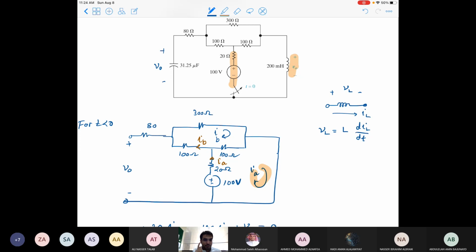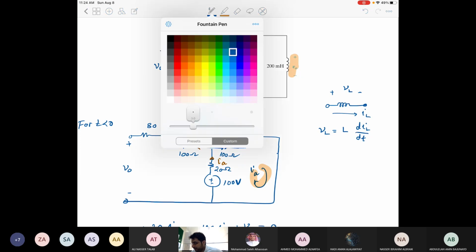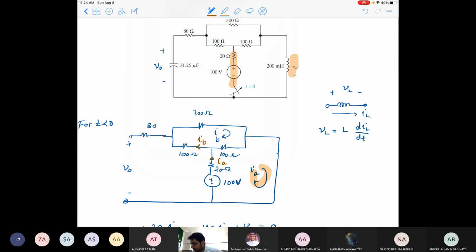This is true if the current is flowing in this direction. If instead, according to the passive sign convention, the current is flowing in that direction, then VL will be minus L dIL by dt.